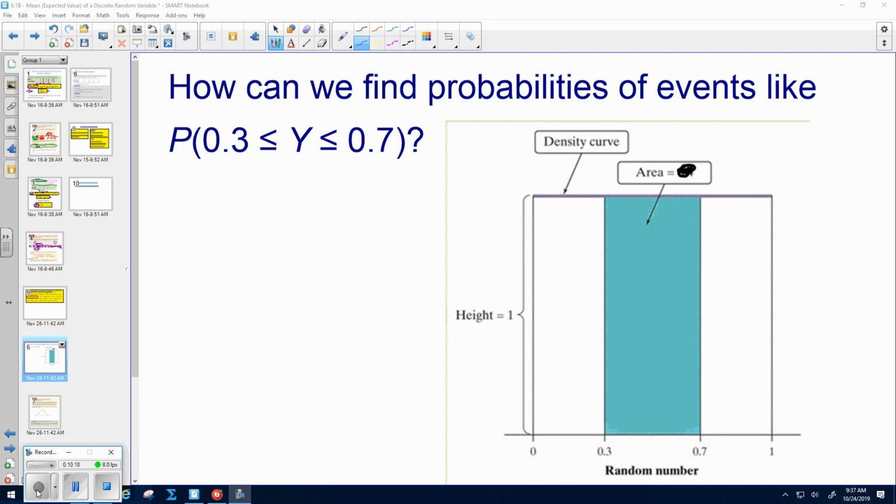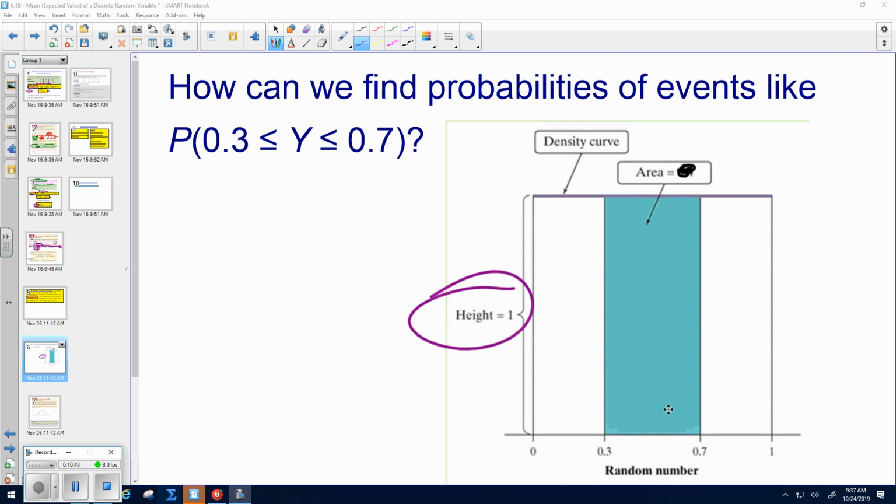So let's say they give you a curve that, well, it's not really a curve, but it is a density curve, I guess, that looks like this, right? It's uniform across the top. They tell us the height is 1 right here. And it says, find the probability that Y is in between 0.3 and 0.7. So on the bottom, they shaded from 0.3 to 0.7, and the probability would be the area under the curve.